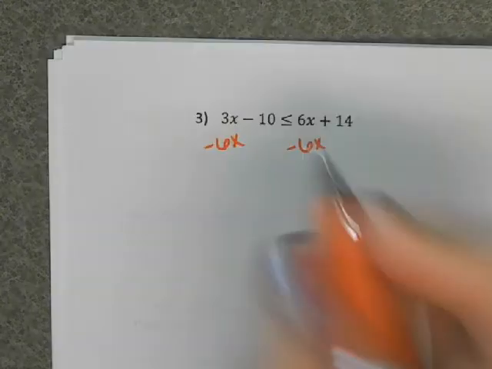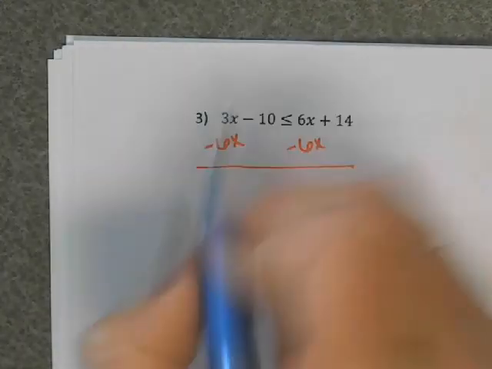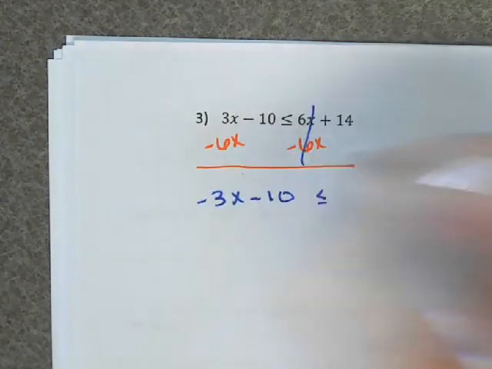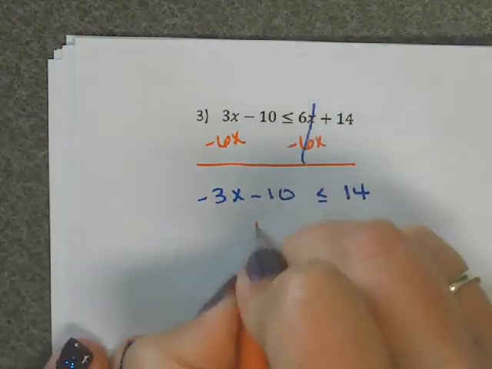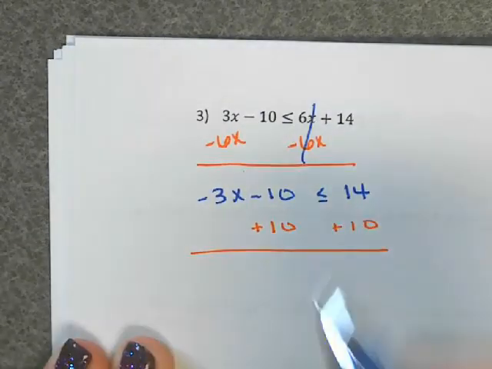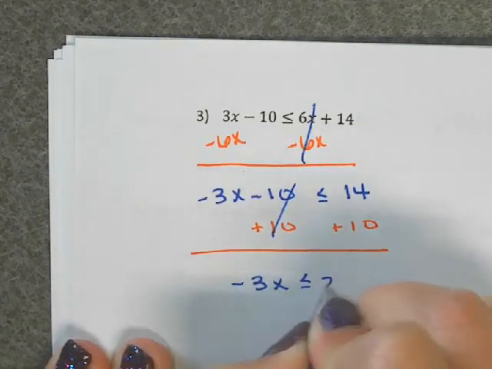So if I subtract 6x on both sides, I would get negative 3x minus 10 is less than or equal to 14. And then add 10 to both sides. And you have negative 3x is less than or equal to 24.